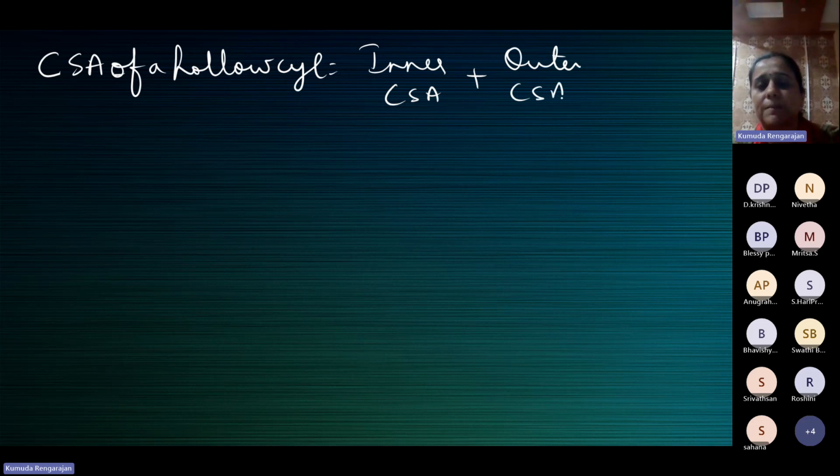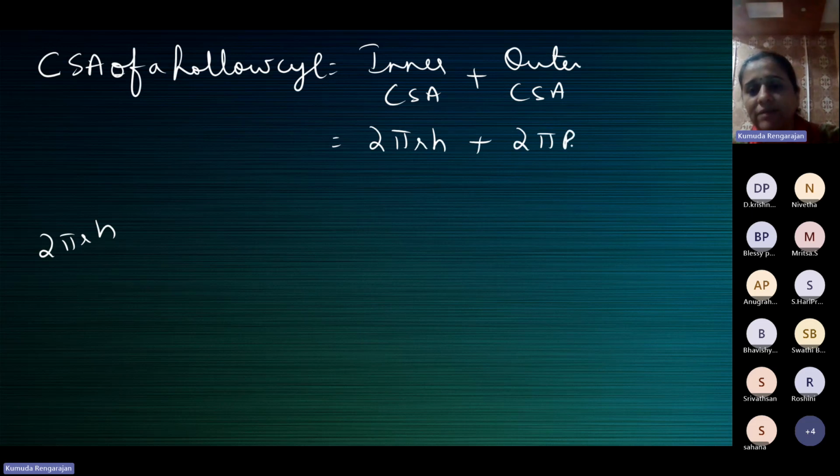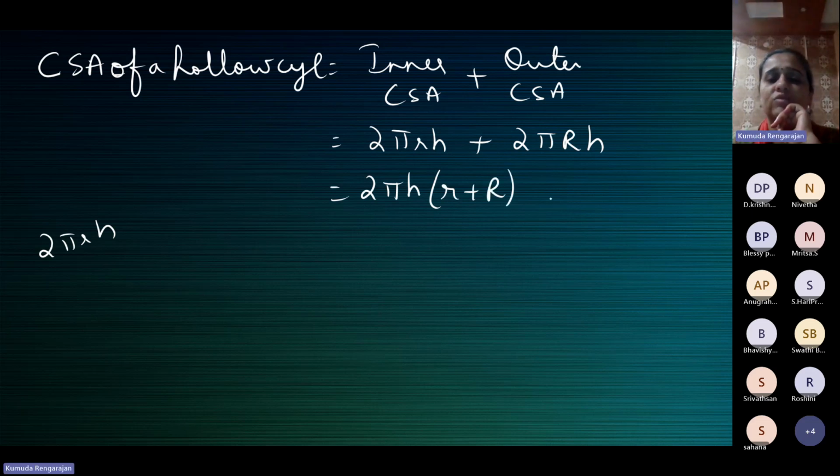The formula for curved surface area is 2 pi rh. If it is the inner CSA, it is 2 pi small rh. If it is the outer CSA, it will be 2 pi capital RH. H is H because the height is the same. Whether inside or outside, the height is the same. So 2 pi h common, R plus r, square units.